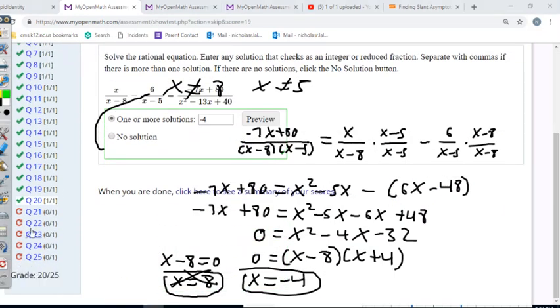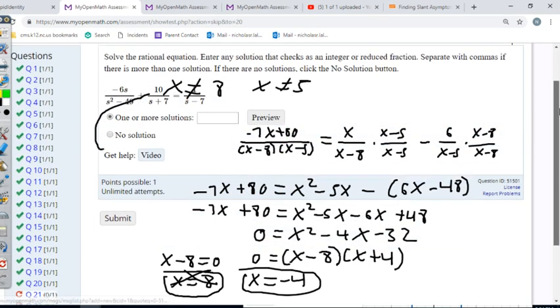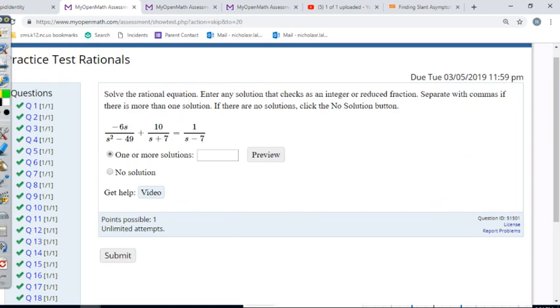21. Solve the rational equation. All right, you have s squared minus 49, plus s plus 7 is equal to s minus 7.